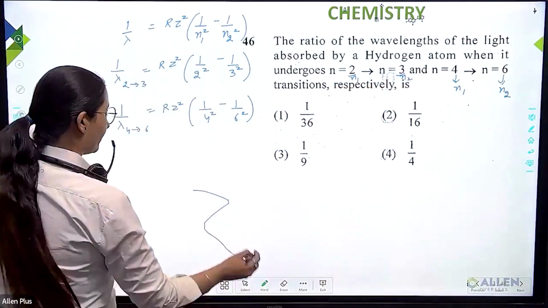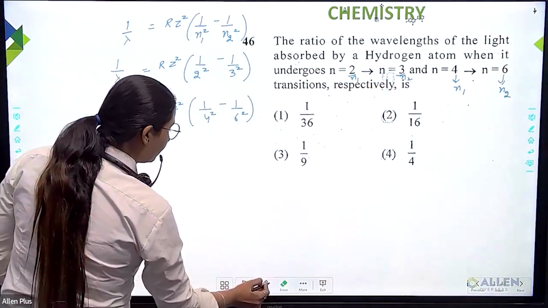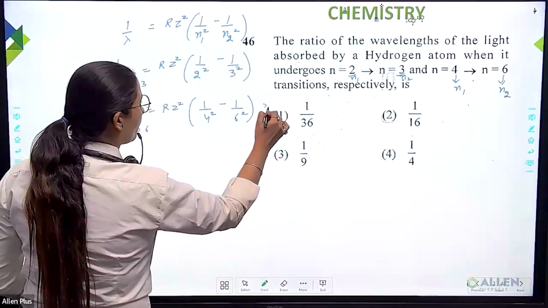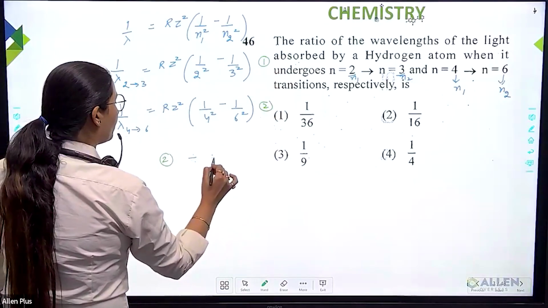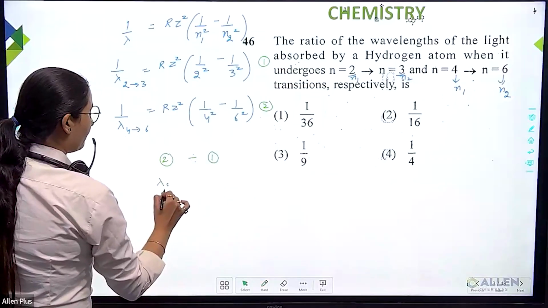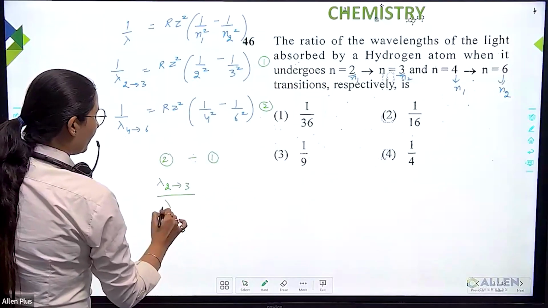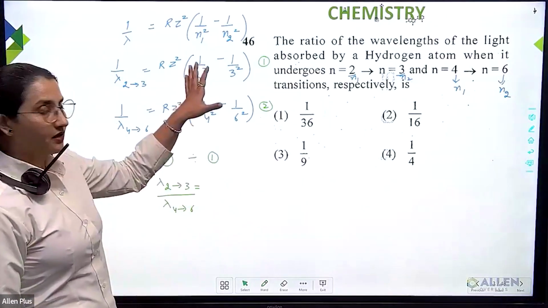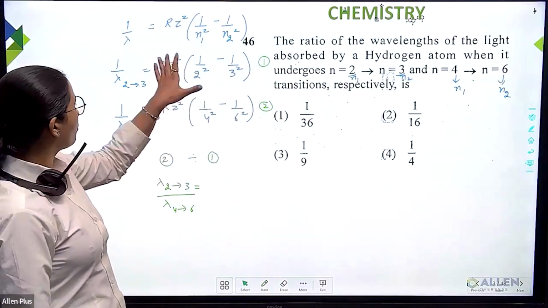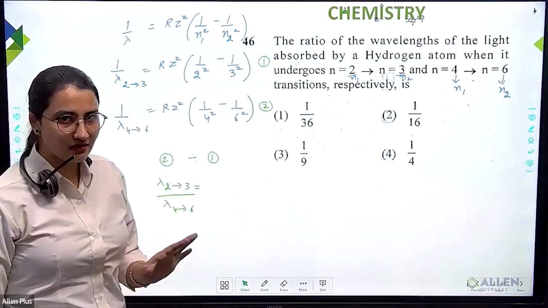So what I am preferring is, let's divide equation 2 by 1. So students, when we divide 2 by 1, what do we get? Lambda 2 by 3 by lambda 4 by 6 is going to be, just see. Students, when I take the ratio, RZ square cancels, right?